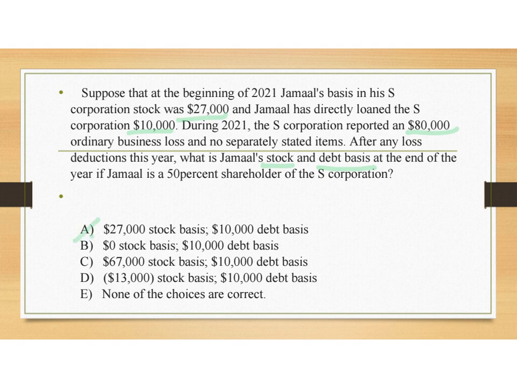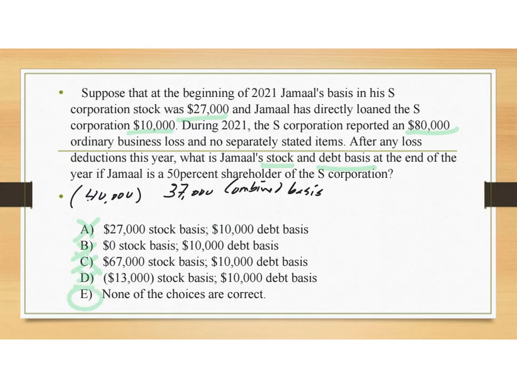So, well, we know that A is not correct, because remember that half of that 80 was $40,000, and that was his share of the loss. He had a $37,000 combined basis, and we used it all up because we had a $3,000 suspended loss, so we know that's not right. We know you can't go negative.